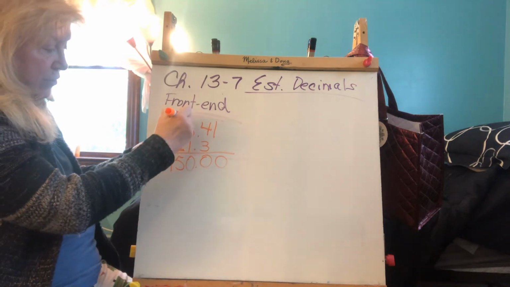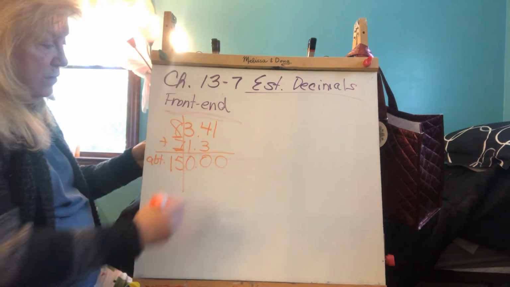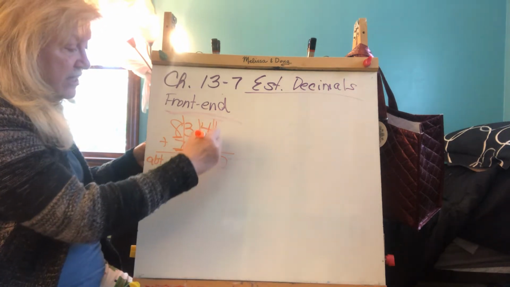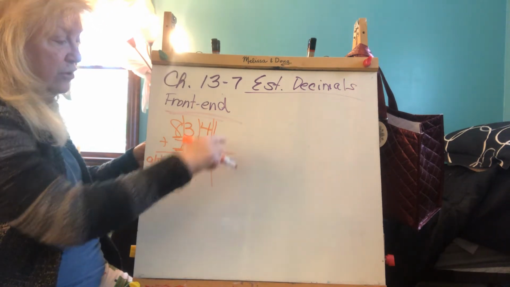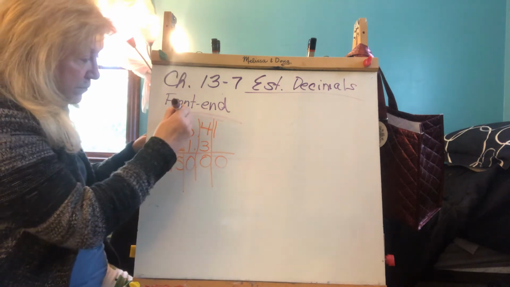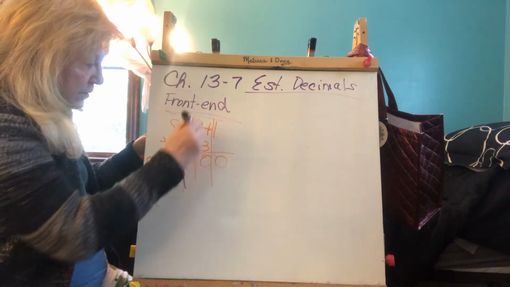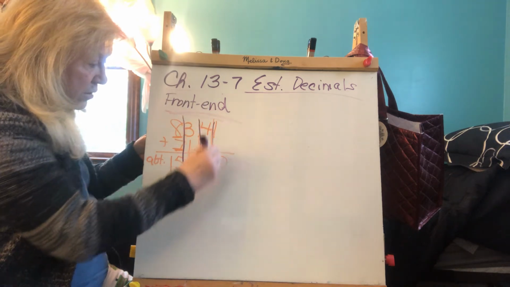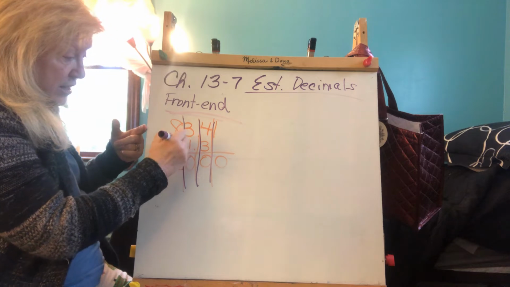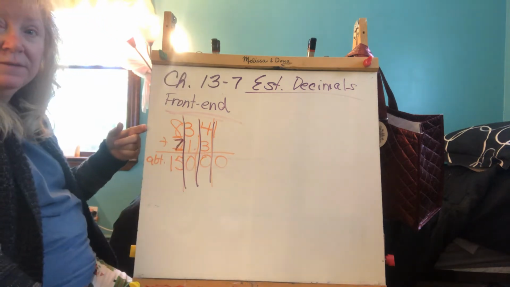So in the ones column, you've got a 0. Then you've got your decimal points in alignment. Your tenths column gets a 0, and your hundredths column gets a 0. I'm going to make them in different colors so you can see them better. All you did was, in this case, add the front digits.